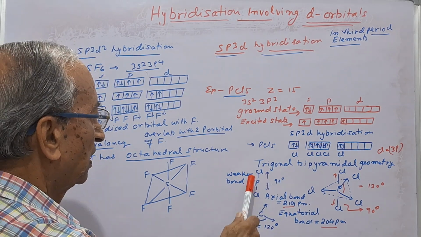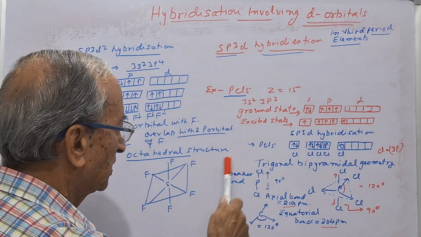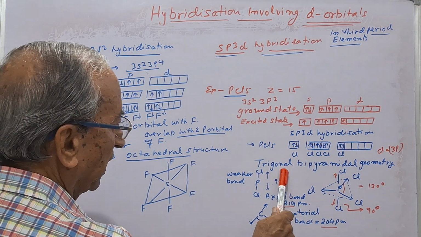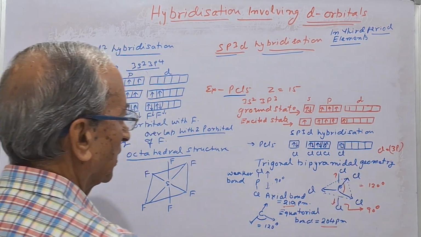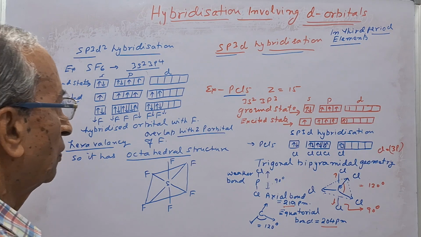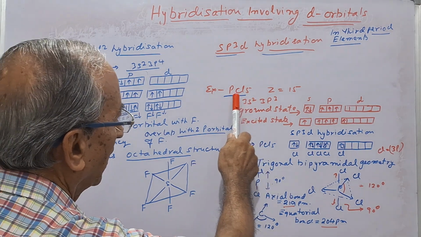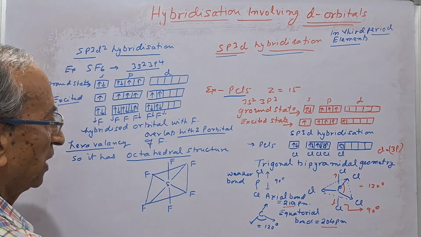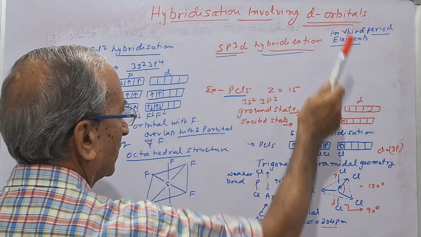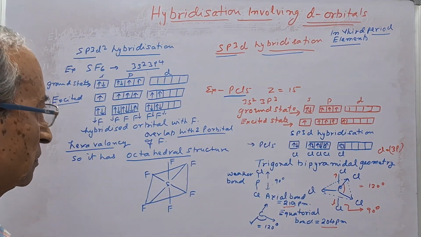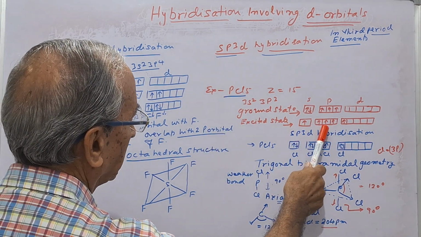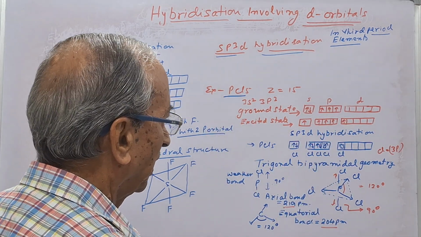Due to this the axial bond is a weaker bond, and it forms a trigonal bipyramidal geometry. This is how to explain the 5 covalent bonds in PCl5, where the involvement of the d orbital takes place. So it is sp3d hybridization.